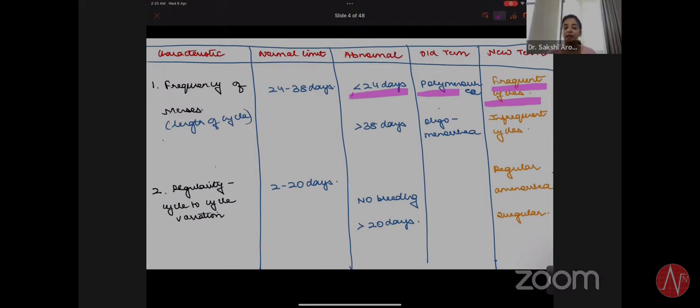Then if the length of the cycle is more than 38 days, पहले more days के लिए कहते थे ओलिगोमेनोरिया, अब कहते हैं infrequent cycles.